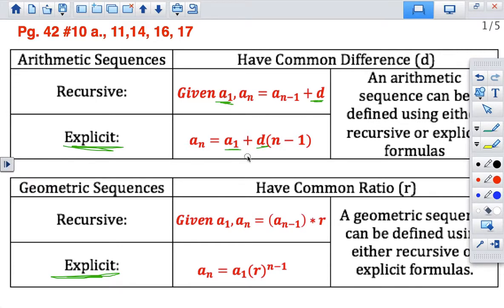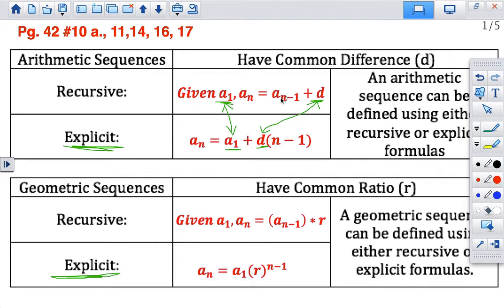Notice those are both there. And if you have one formula and you want to create the other one, you just plug those terms wherever they need to go. The biggest thing, make sure you remember what a sub 1 is and how to find it, and make sure you understand what d is and how to find it.